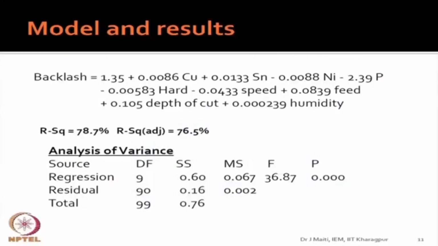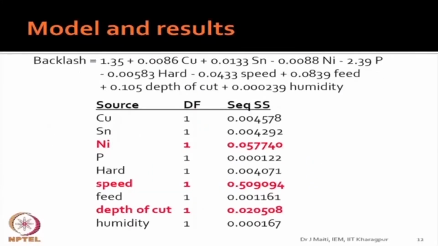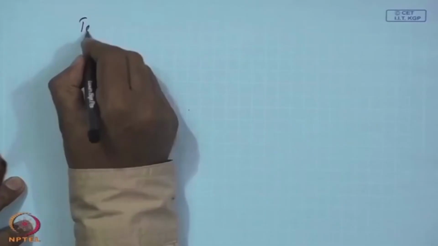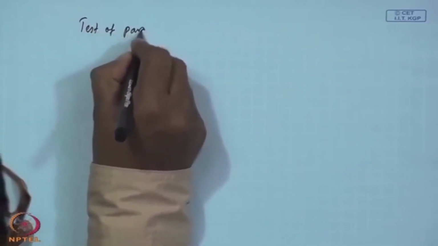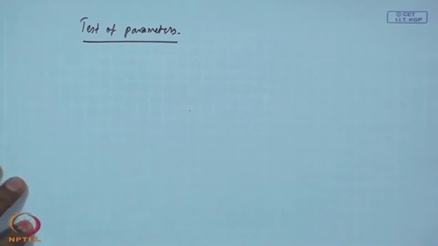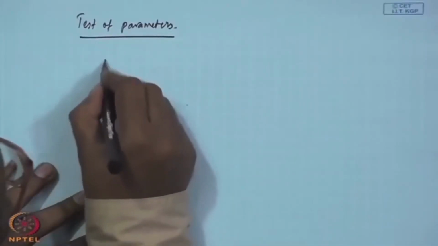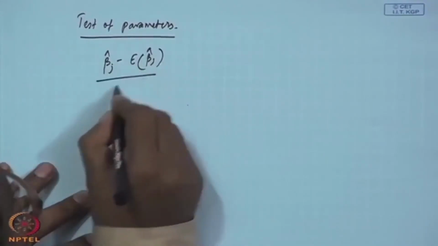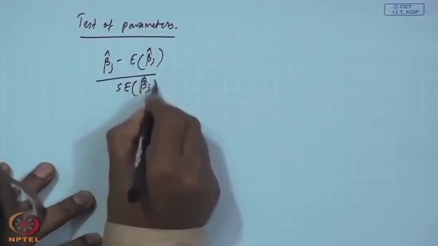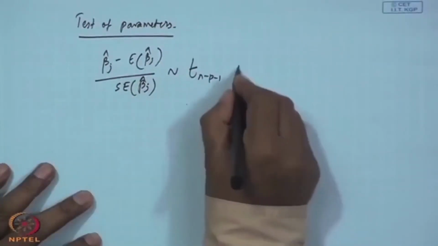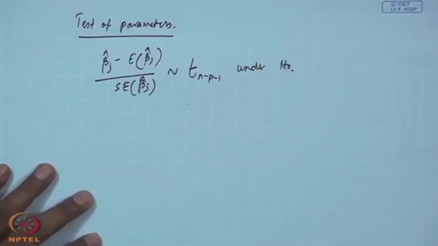Then what do we require to test? We require to test the individual parameters, the test of parameters. You all know that (beta j cap minus expected value of beta j cap) by standard error of beta j cap follows t with n minus p minus 1 degrees of freedom under H0, the null hypothesis.